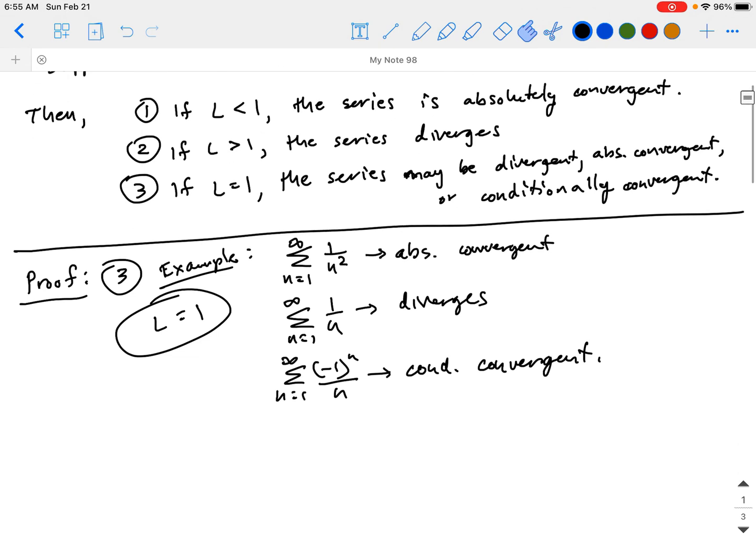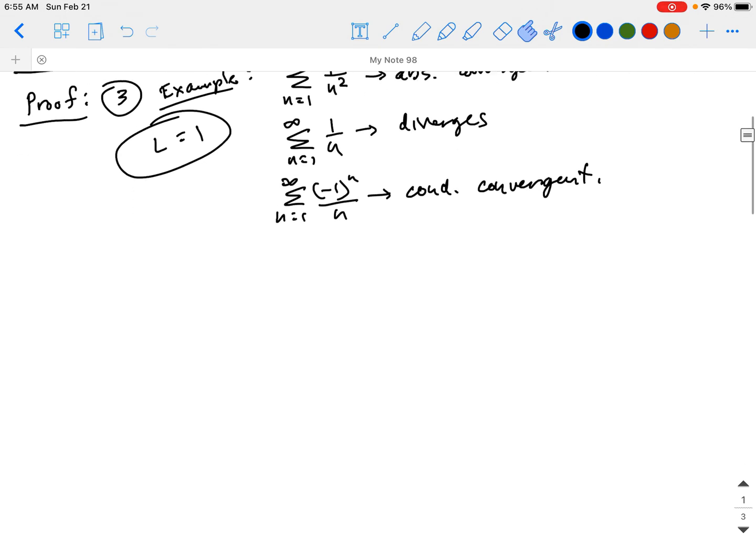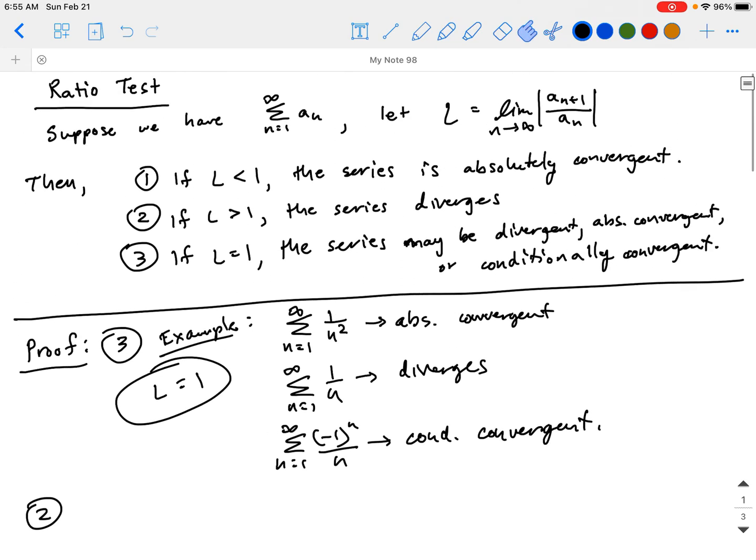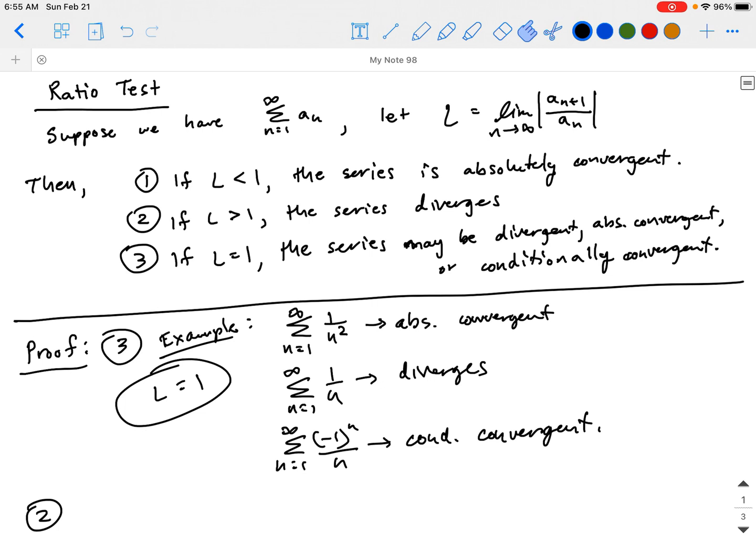So next, we'll go in reverse order here. So we'll go to 2. So we'll want to prove that if L is greater than 1, we will diverge. And what we want to ensure here is that when we're considering this value of L and this limit, we want to be far enough out in the series that we're not near 0 or near 1 or 2 or 3.